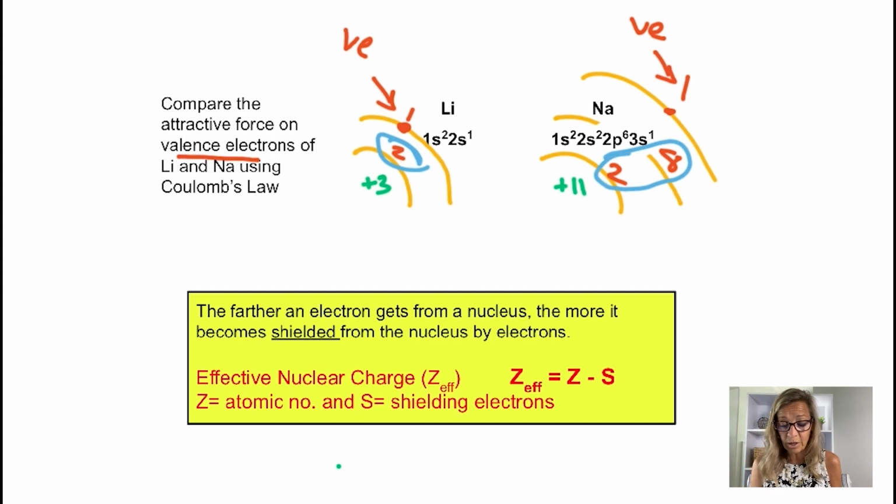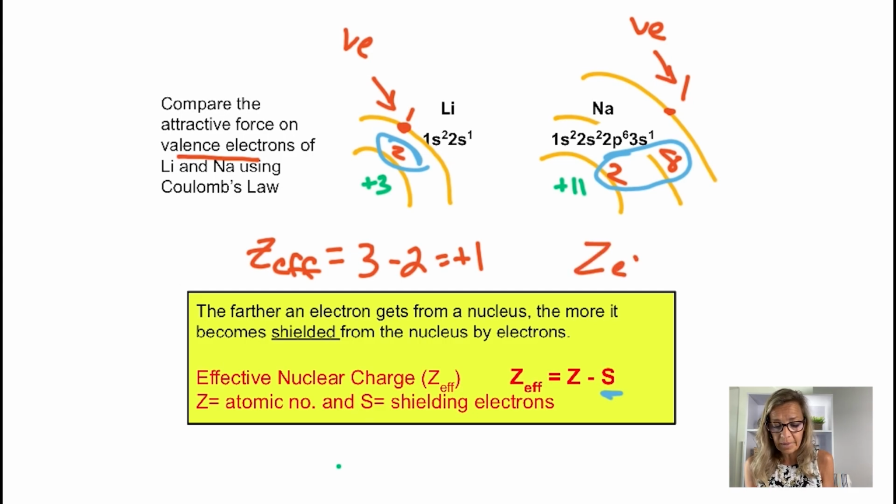Any electrons that are between the valence electron and the nucleus, those are the shielding electrons. So look at my formula down here. The effective nuclear charge for lithium: Z is the atomic number. So for lithium, that's 3. And then shielding electrons, I've got 2. So I've got a +1 effective nuclear charge.